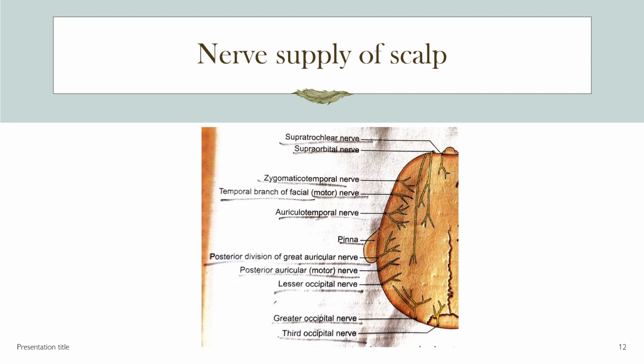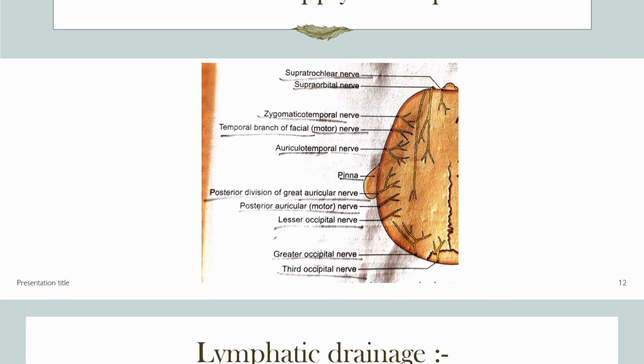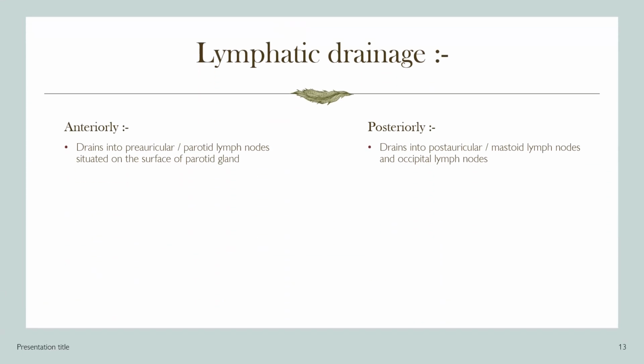Now ahead, we have lymphatic drainage. Here we will learn that anteriorly it is draining into preauricular or parotid lymph nodes, which are situated on the surface of the parotid gland, and posteriorly it drains into the postauricular or mastoid lymph nodes and the occipital lymph nodes.